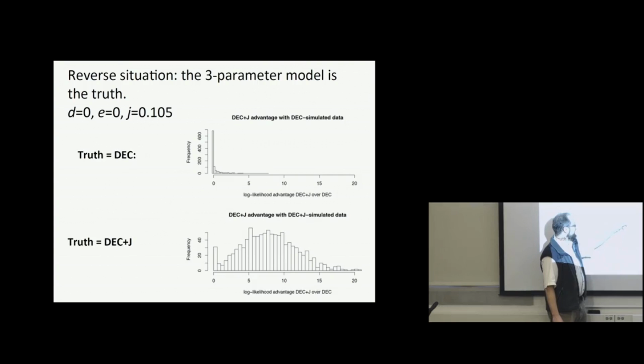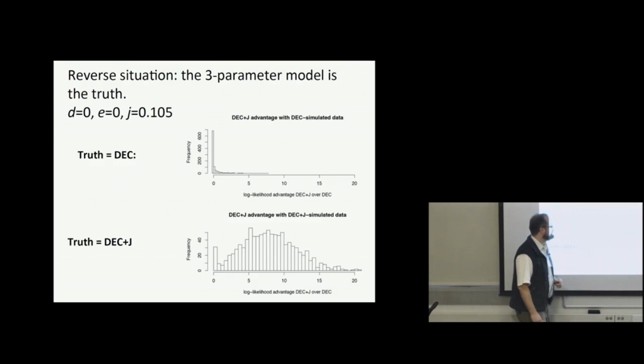But the log likelihood advantage, which is what I've plotted here, is typically just a couple of units, if that. The DEC model is nested inside the DEC plus J model. You get a little bit of improvement in log likelihood, but it's not very significant. Typically, you need at least 2 log likelihood units to get a statistically significant improvement in a supermodel.